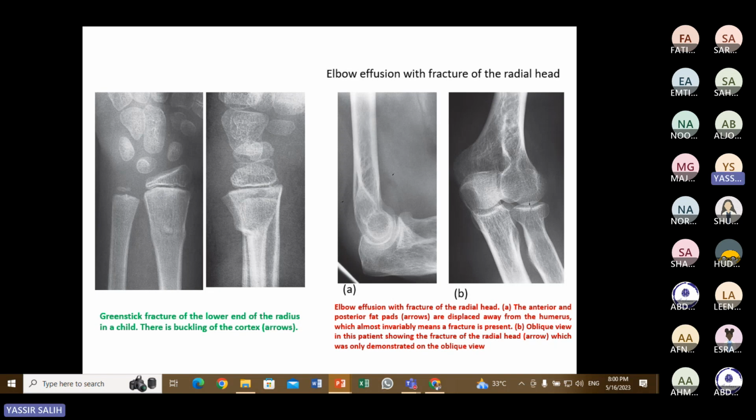In the lower radius, the distal radius, with anterior displacement and angulation. The distal fragment is displaced anteriorly, with anterior angulation. It is the reverse of Colles' fracture: it is also a fracture of the distal radius, but the angulation is posterior, or dorsal.